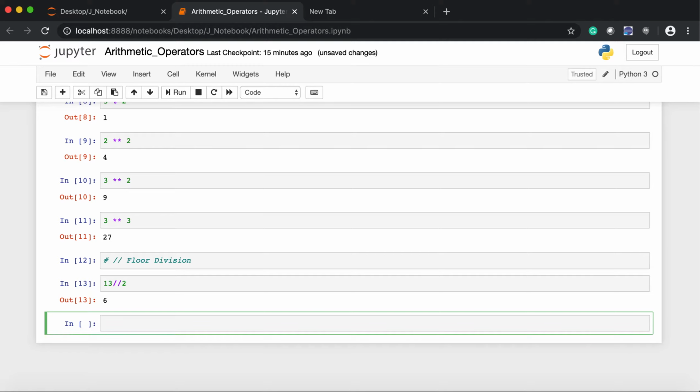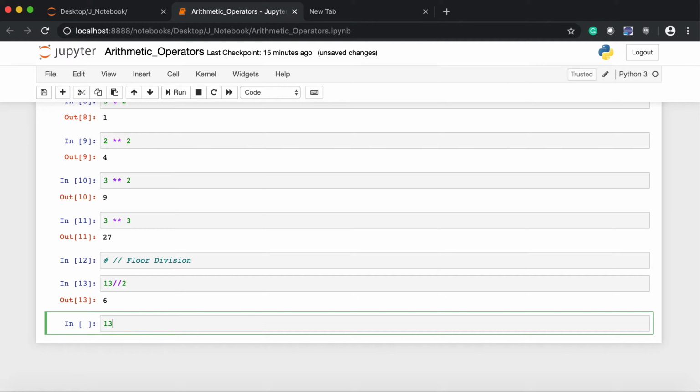If you go to the definition mentioned in the Python doc, it is the division of operands where the result is the quotient in which the digits after the decimal point are removed. Here this removes the point, basically, in this case because we don't have any.